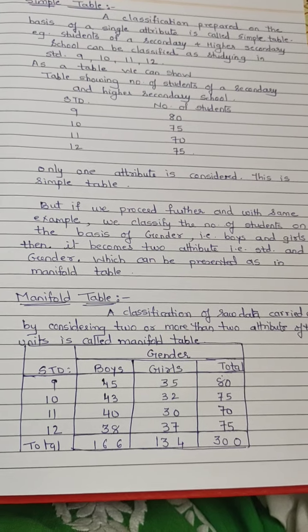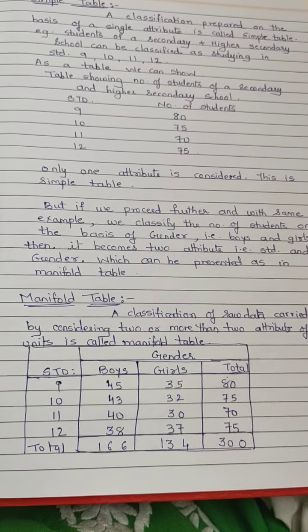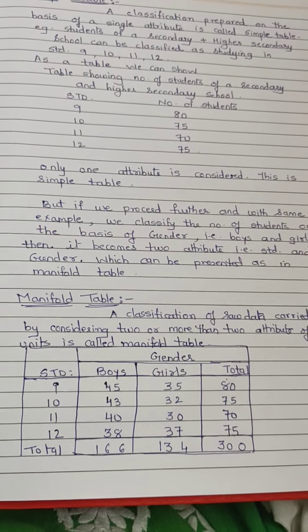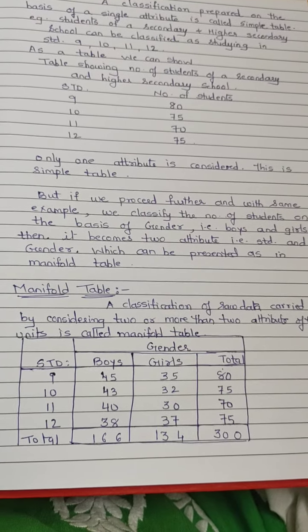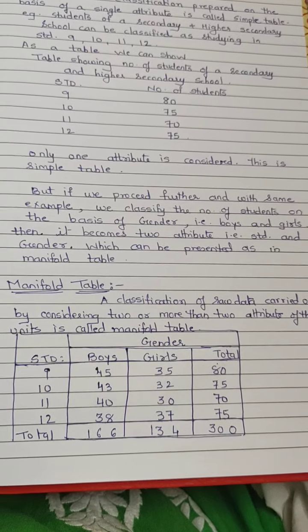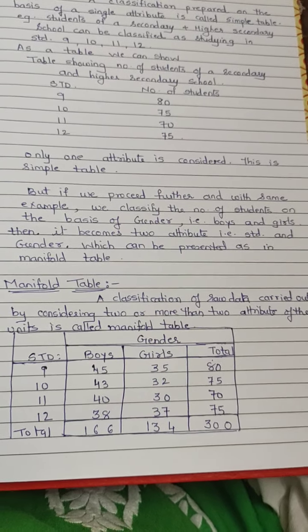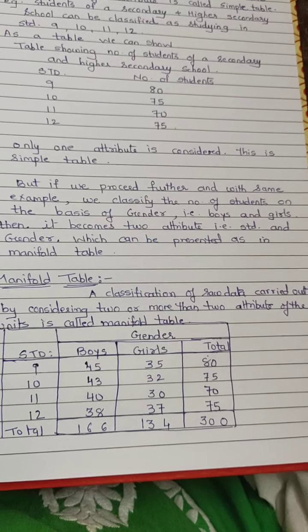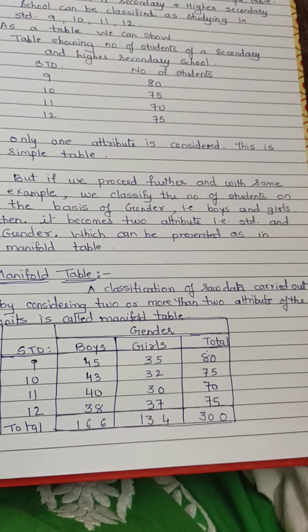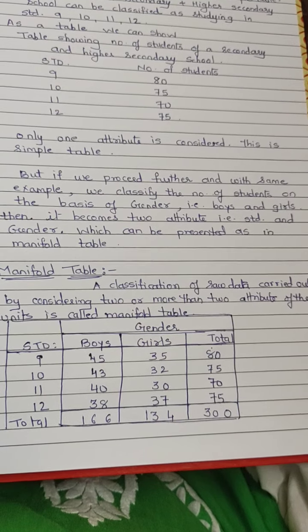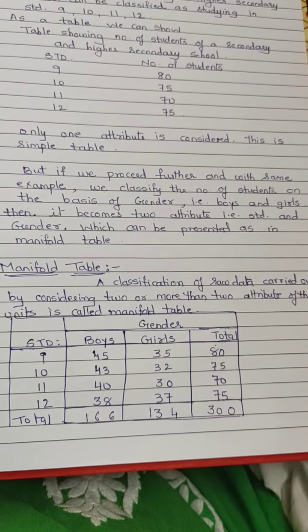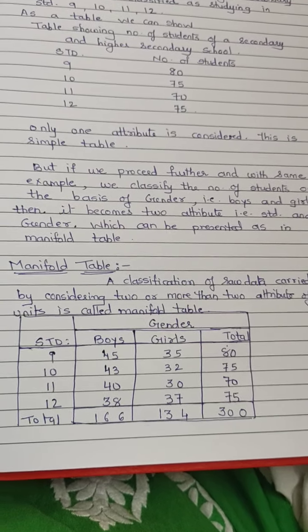Considering the same illustration, here a manifold table is prepared. As there are two attributes, what we do? We take one on x-axis, another on y-axis. Means one we take as a column, another one we take in a row.